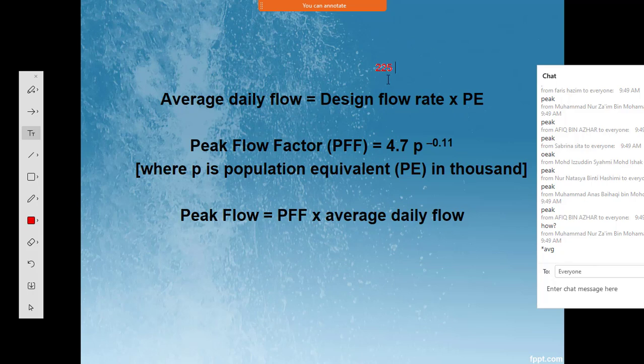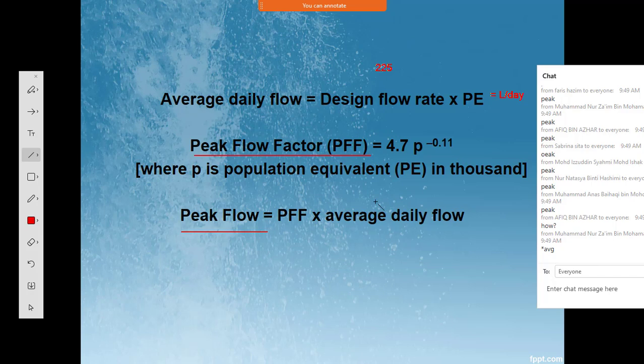The design flow rate is 225 liters per capita per day. We multiply by PE, so the answer will be in liters per day. Then, in order to calculate the peak flow, we have something called the peak flow factor.